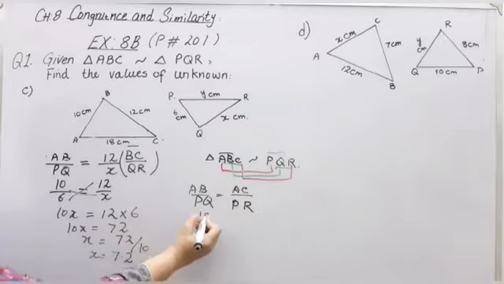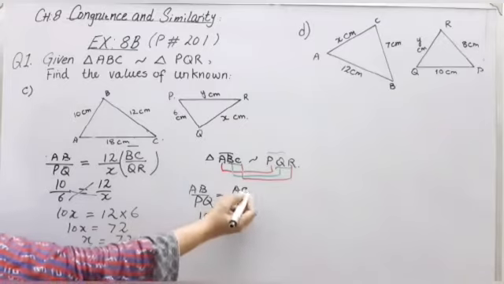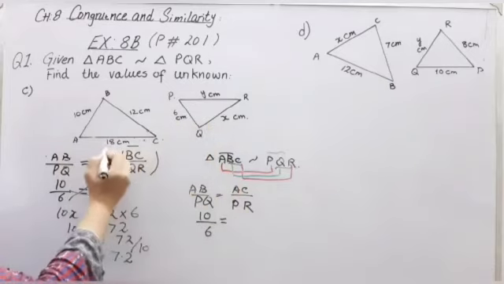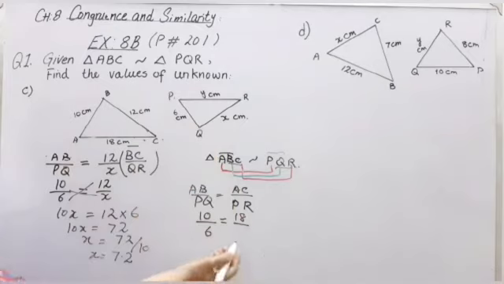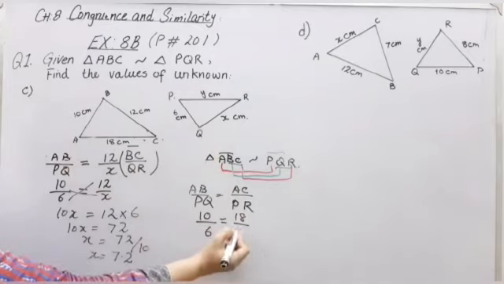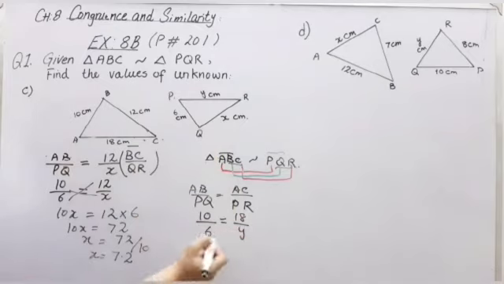AB is 10, PQ is 6, AC is 18 and PR is Y centimeters.